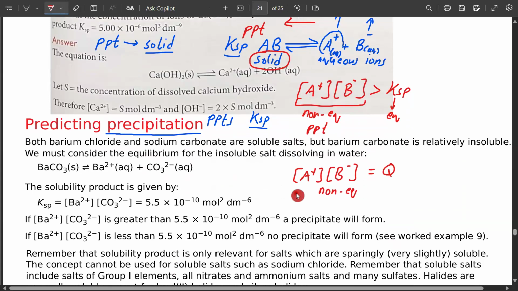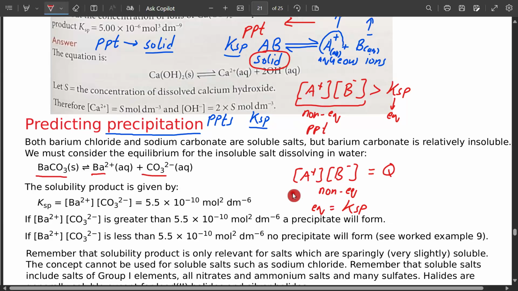But if it is an equilibrium state, then you use the Ksp constant. So Ksp is the symbol for the equilibrium state, and for the non-equilibrium state, it's the Q symbol. So we take an example here, barium carbonate. Barium carbonate dissociates into barium ions and carbonate ions.